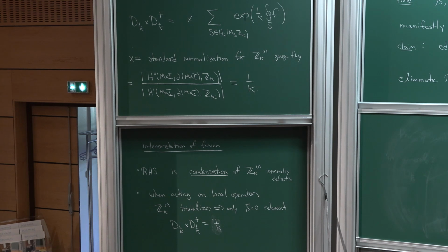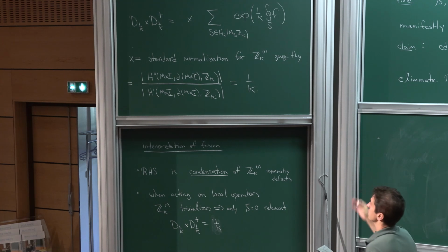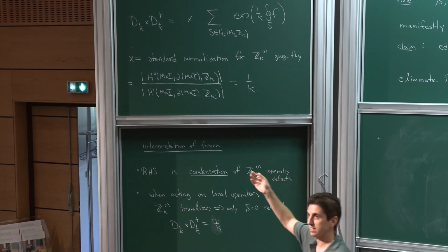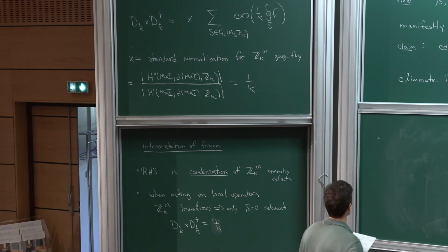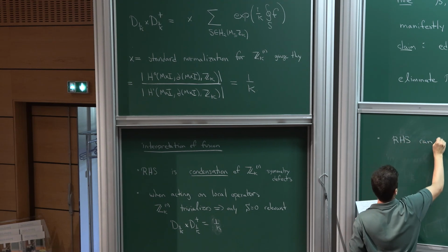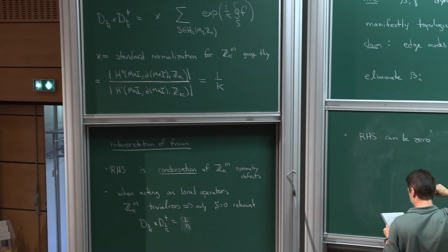Okay, so the last thing I wanted to say about this fusion rule is, I wanted to show you that this is really non-invertible, that it's not just an accident that dagger isn't the inverse. So the right-hand side can be 0. When can it be 0?